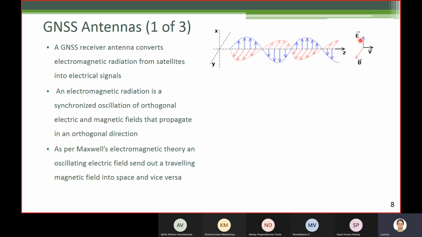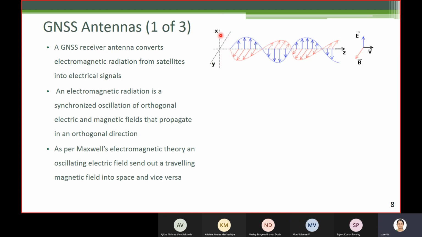Now, it is not necessary that the two fields are fixed in space. As the waves propagate, they can make some movement on this XY plane. If their amplitudes are fixed, if E and B have the fixed amplitude, and if they rotate in the XY plane, then that polarization is called circular polarization, because they make a circle together.